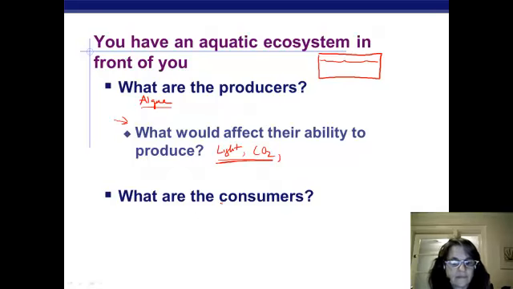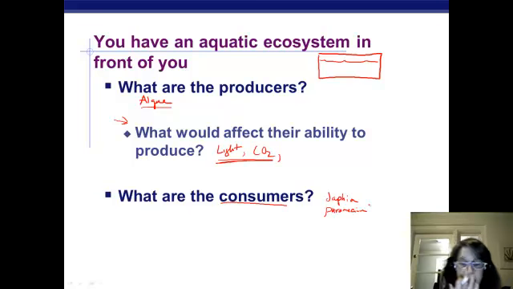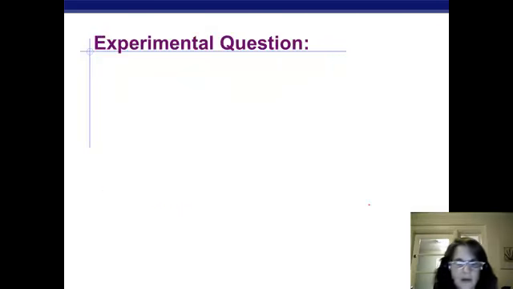Now, are there consumers in there? Well, I can tell you that there are. There are some tiny little crustaceans in there called Daphnia that are swimming around. There's other stuff that's unicellular, like Paramecium. They're in there. So there are consumers in there as well.